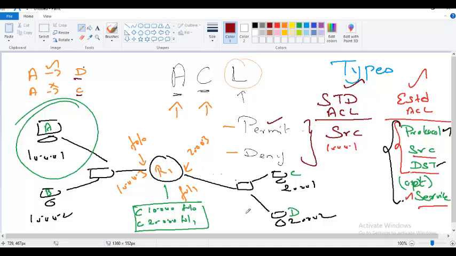Now, before I take you to the small lab, I want to tell you how to configure, where to configure. We need to configure in the global configuration mode and then apply it on the interface.